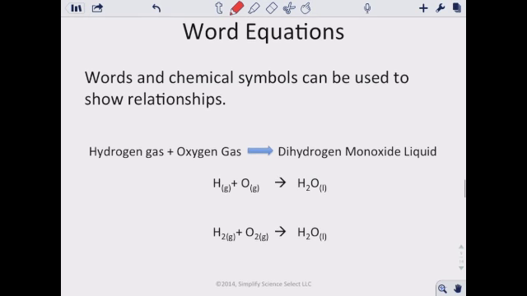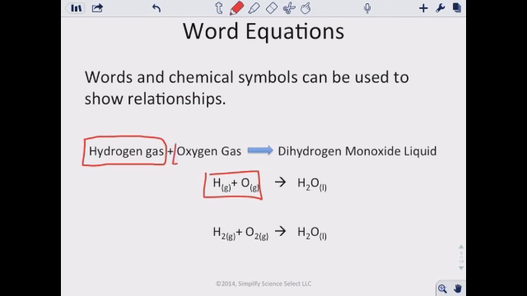So now looking at word equations. Words and chemical symbols can be used to show relationship. And essentially what it is, it's the chemical equation written out, but instead of writing the chemical formulas like we see down here, we just write the words. And it kind of just puts everything into place. It's kind of a starting place to begin with before we actually write everything out.